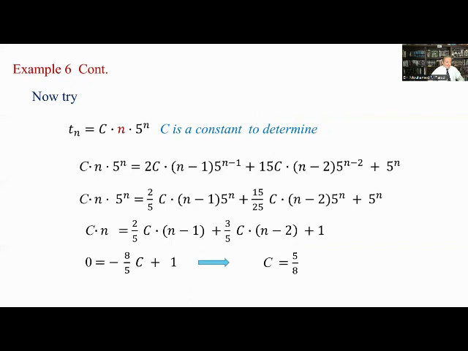Keep going, and you find now C is equal to 5 over 8. So now we are good. We solved it. Then Tn is equal to 5 over 8 times n times 5 to the power n. And that does it this time. Okay, so let's see some more examples.